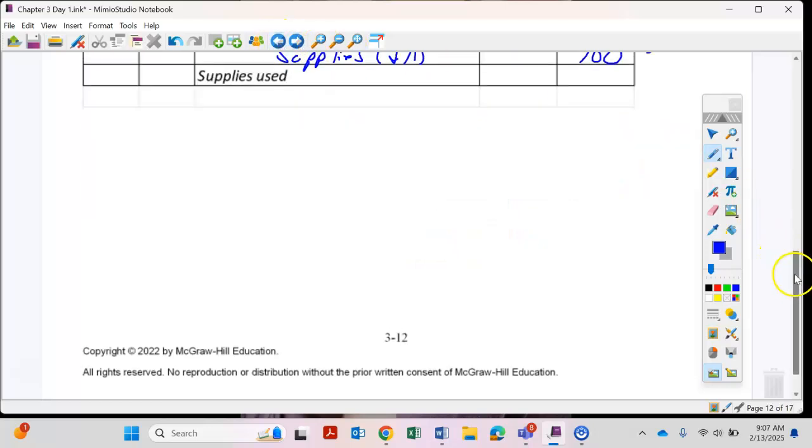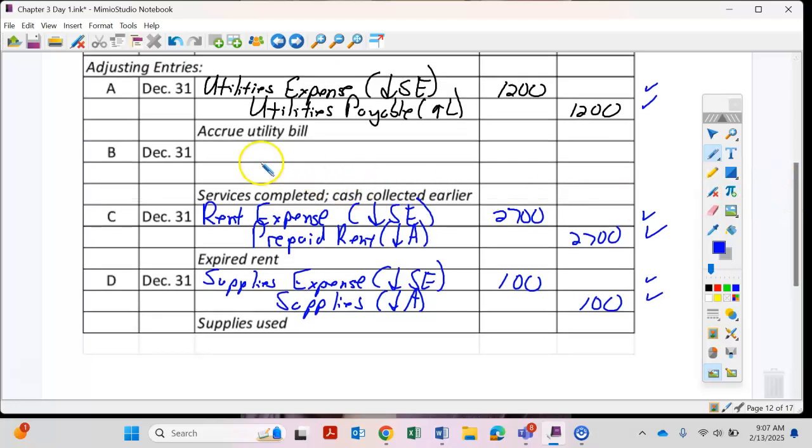So let's go and fill out our last adjusting journal entry. We are going to debit unearned revenue, which is a liability, causing it to go down $2,200, and credit service revenue. Revenues are credits.